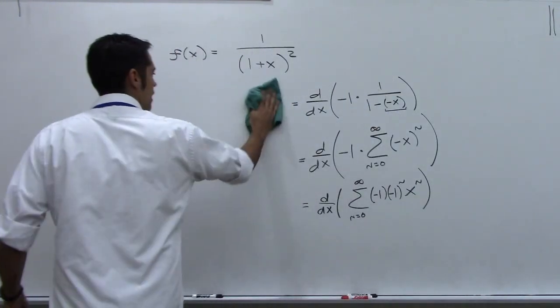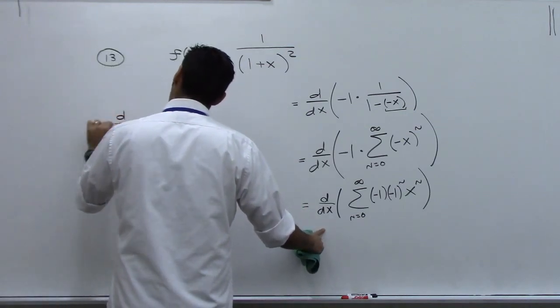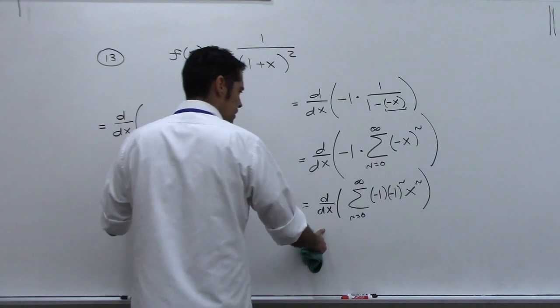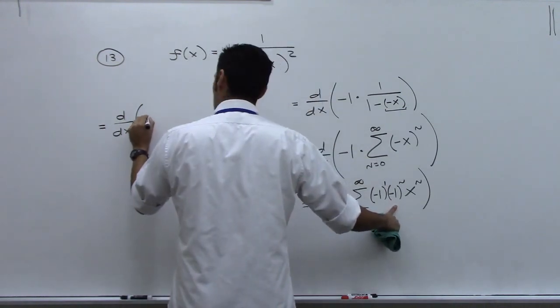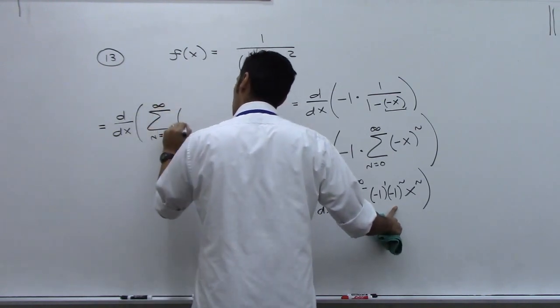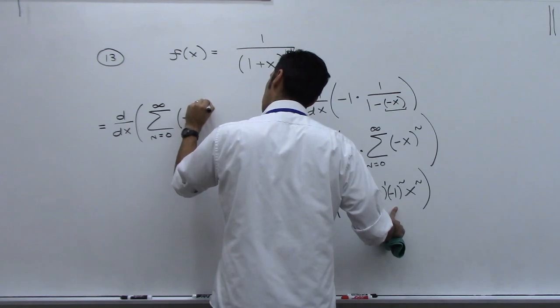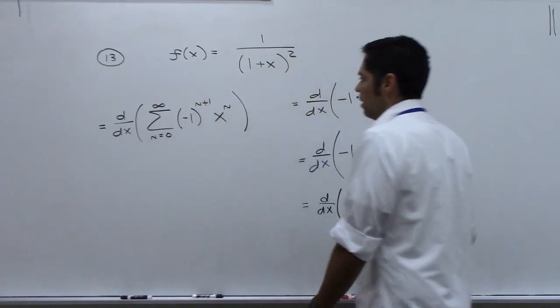So now this is the derivative with respect to x of, put these two together, the summation from n equals 0 to infinity of negative 1 to the n plus 1, and then x to the n, like that.